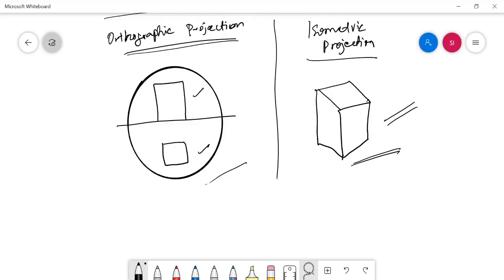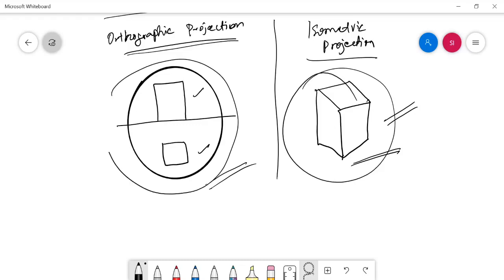Anyone from the public can easily understand what the object is. But when you show the orthographic projection output to a person who has no idea about engineering graphics, he is not able to understand what the object is. But when you show the isometric projection output, anyone can easily identify the object.